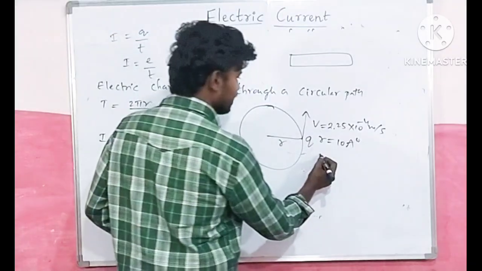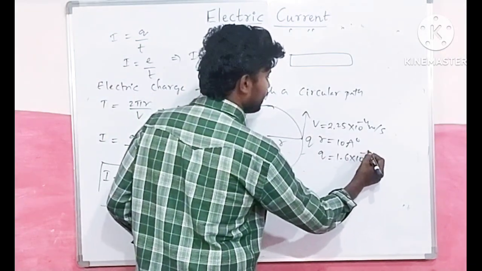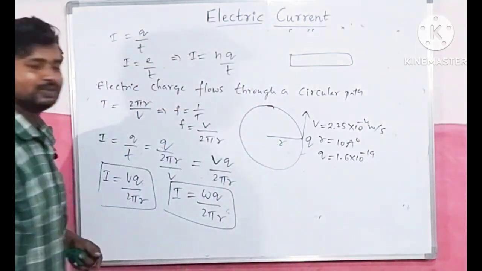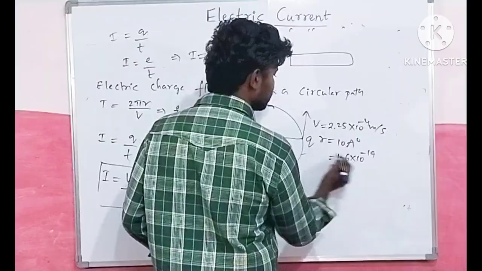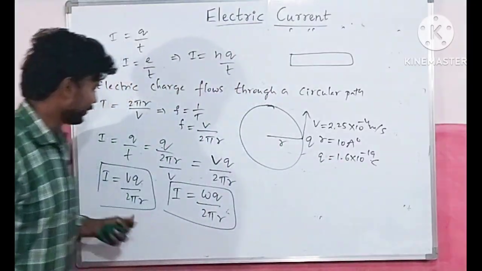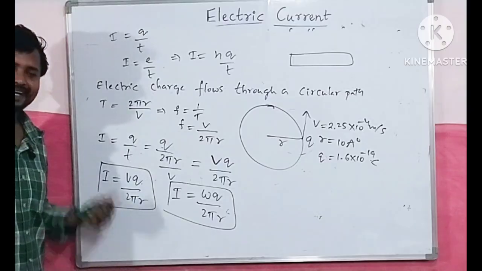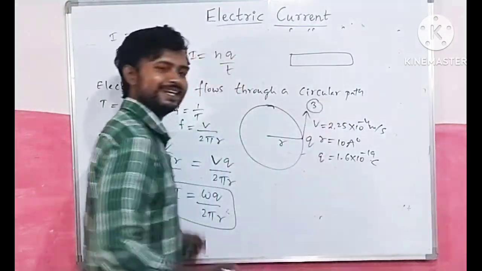The charge of the electron equals 1.6 into 10 power minus 19 coulombs. Put these values in and you will get the answer. This is the third question for you in this lesson.